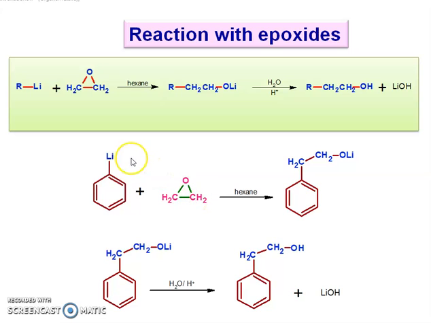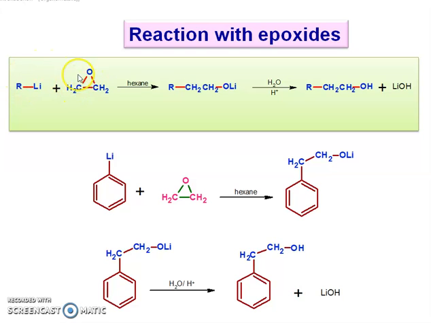So we first see the general reaction with epoxide. Alkyl lithium is treated with an epoxide like ethylene oxide. Then what happens? The alkyl group, capital R, acts as a nucleophile, and this nucleophile attacks this carbon.